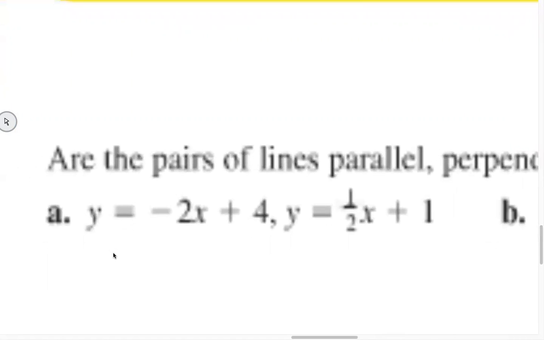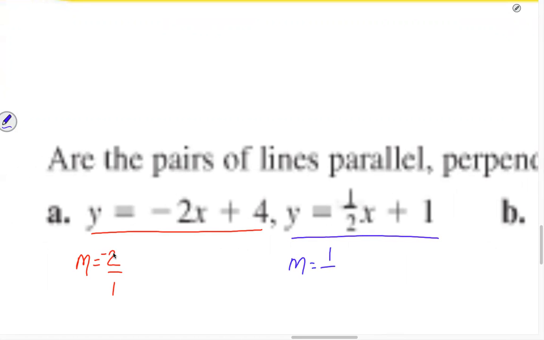Perpendicular, very good. For A, the slope of the red line is -2 over 1. The slope of the blue line is 1/2. So they're perpendicular.